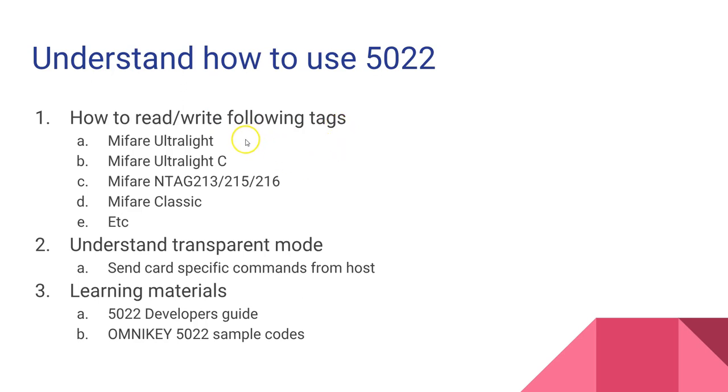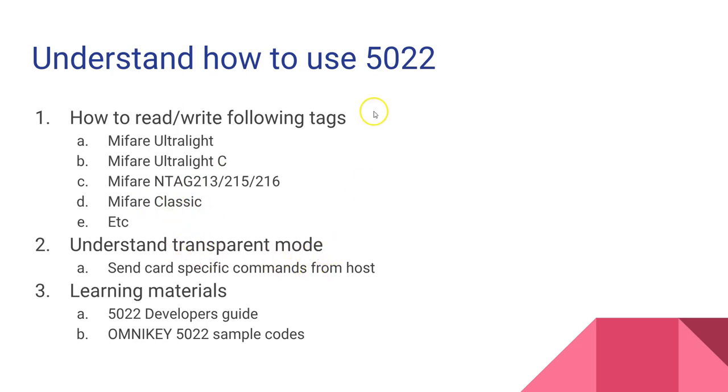The number of tags that are listed here is limited, as and when new tags are added to the software, you're going to see a video on that. At present the software which I'm going to show you supports MIFARE Ultralight, Ultralight C, NTAG 213 and MIFARE Classic.